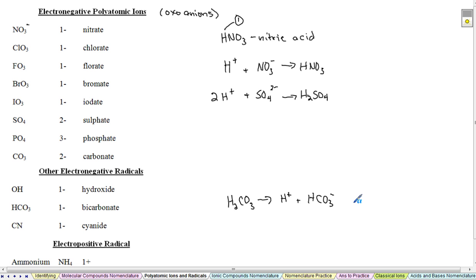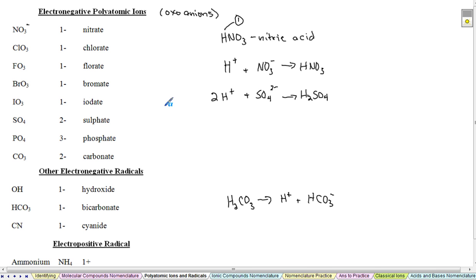And bicarbonate ions have interesting properties when it comes to acids and bases. We have cyanide. The one interesting thing is there's only one real electropositive radical that we ever deal with, and that's ammonium, NH4. And it has a +1 charge.